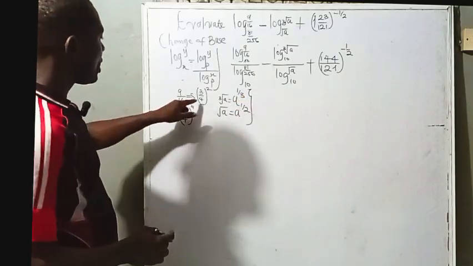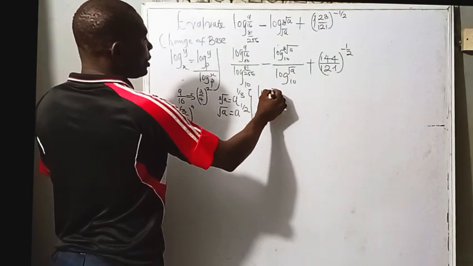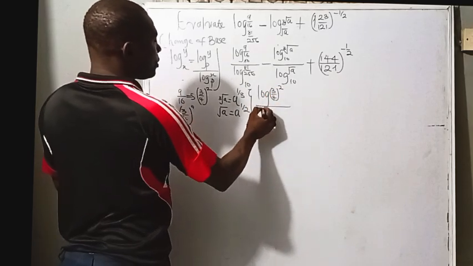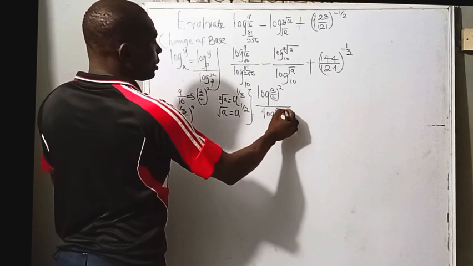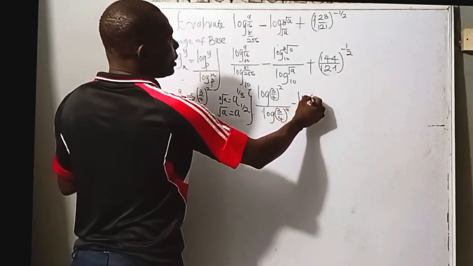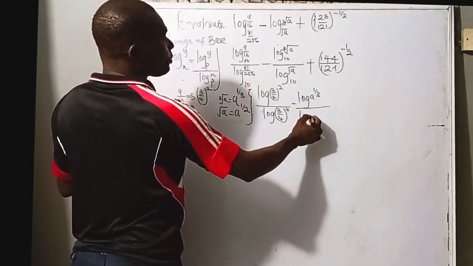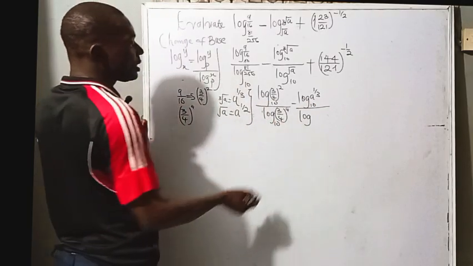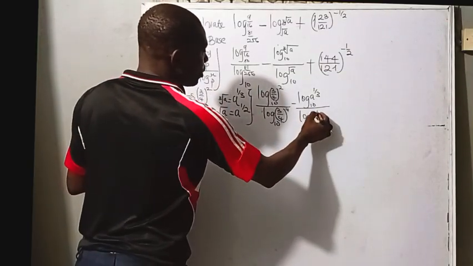So if we come here, we can rewrite this as log of 3 over 4 squared, divided by log of 3 over 4 raised to the power of 4, minus log of a raised to power 1 over 3, divided by log of a raised to power half. All of these are to be to the same base, but even if we don't indicate it, it doesn't necessarily matter.